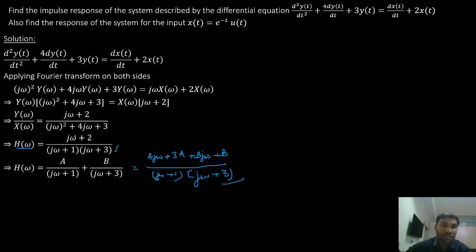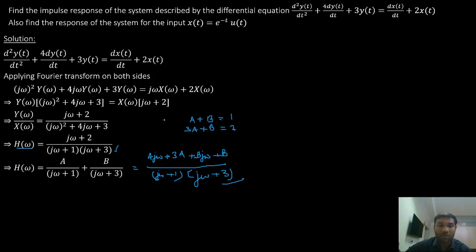What is the coefficient of j omega here? It is 1, and here it is A plus B. So A plus B equals 1, and the constant coefficients are 3A plus B here, and here I have 2.